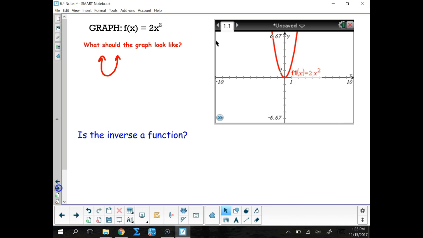Is f of x a function? Yeah. We use the vertical line test, right?